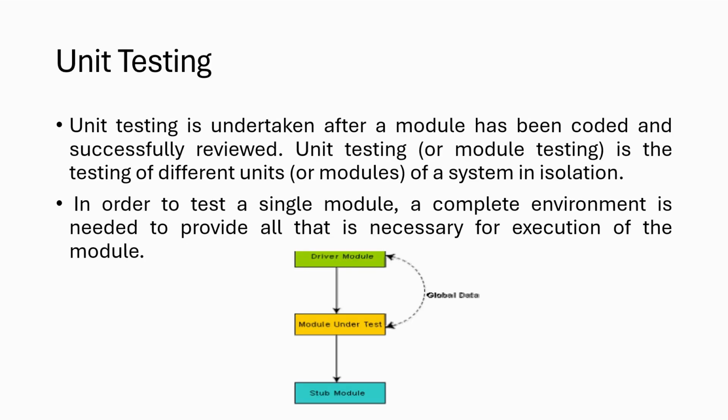So unit testing is the first and most basic level of the testing procedure. Here, individual modules or components of the software are tested in isolation. The goal is to verify that each small part of the code works as intended, that it should be working in isolation.